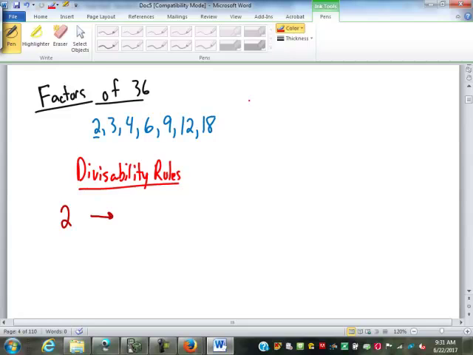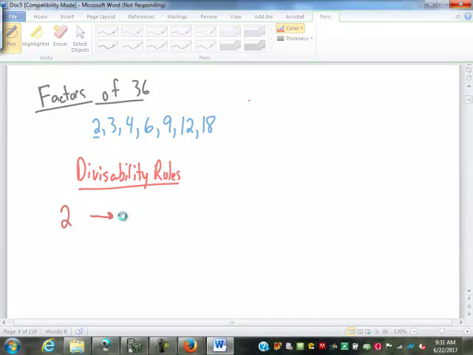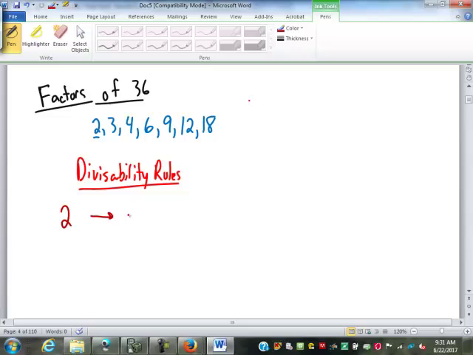How do we know if a number can be divided by 2? The number is even. Now, we've got to discuss a little bit, what does it mean to be even? Well, a lot of people define even as divisible by 2. Even means the last digit is 2, 4, 6, 8, or 0.